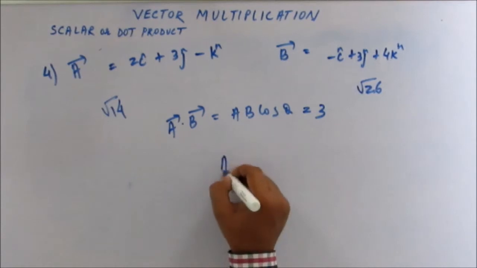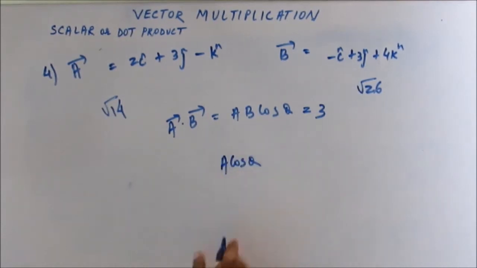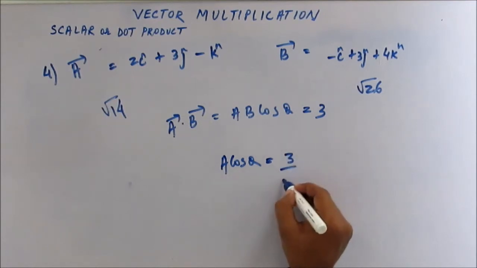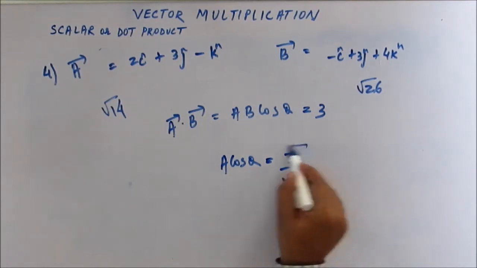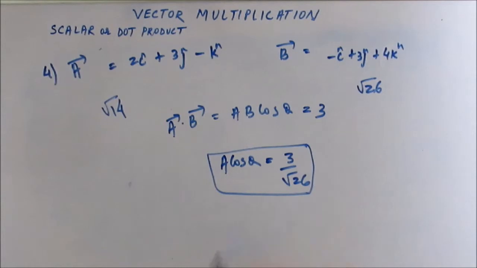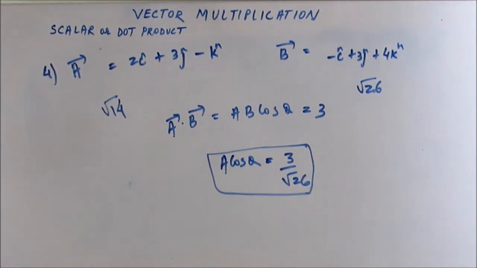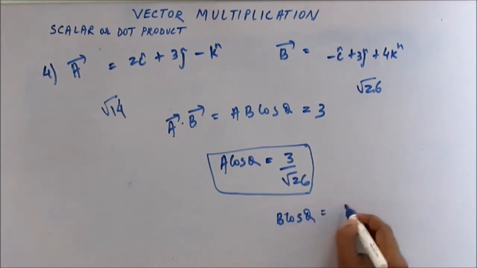And it comes from here as 3/√26. This is conceptually very important because this is what we will be doing later. If they would have asked the component of B vector along A vector, then that would have been B cos theta. That would have been 3/√14.